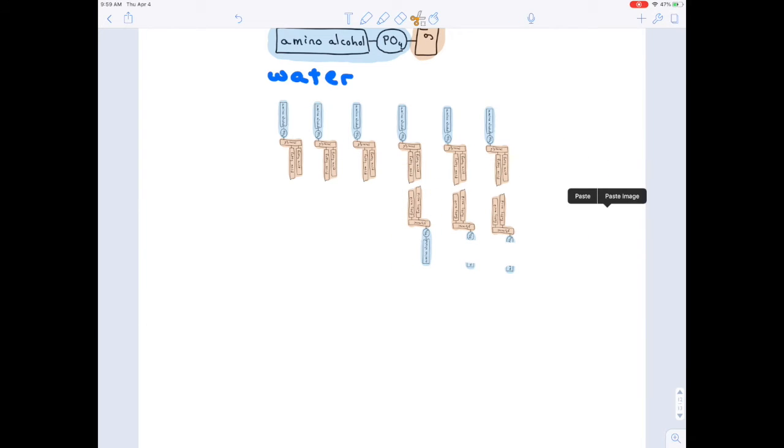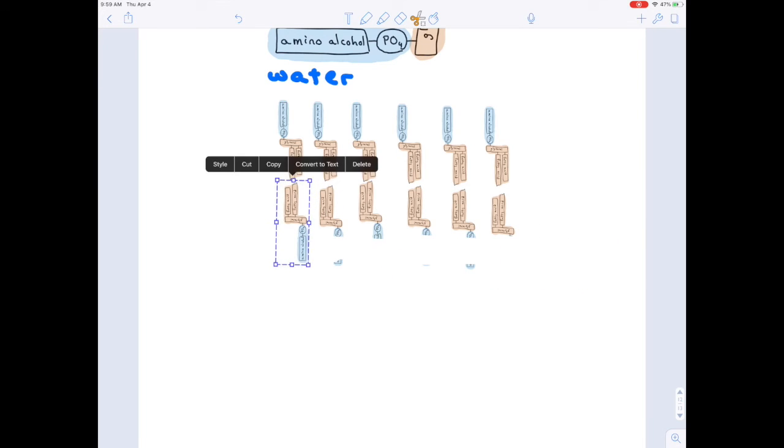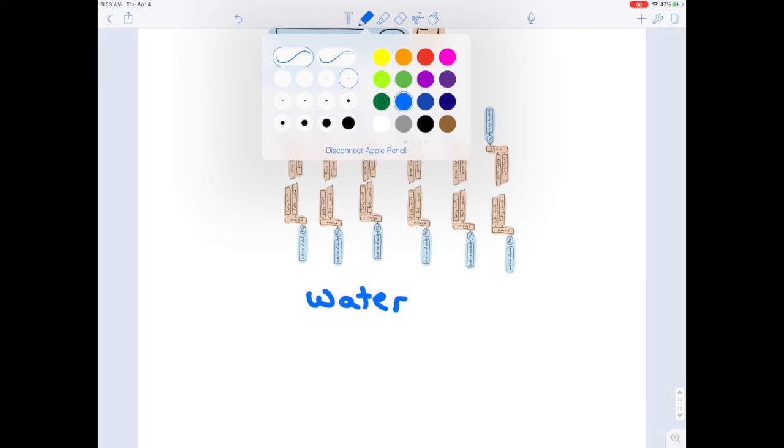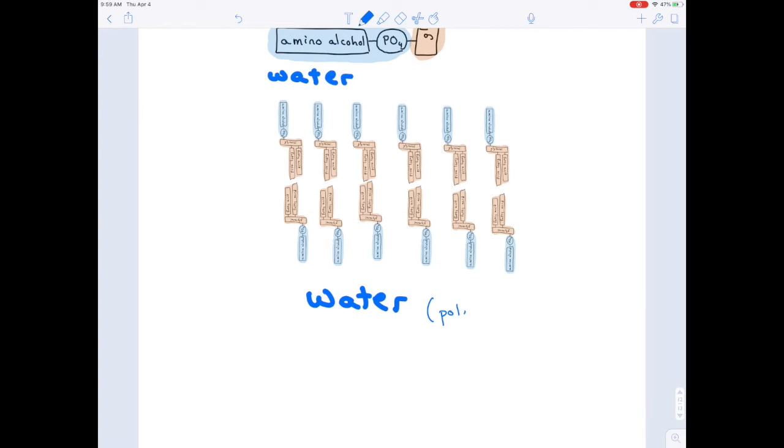So now the nonpolar parts are all facing nonpolar things, and the polar parts are all facing polar things. So you'd have water inside the cell. So that is polar inside the cell. And you'd have water, which is polar, outside the cell.